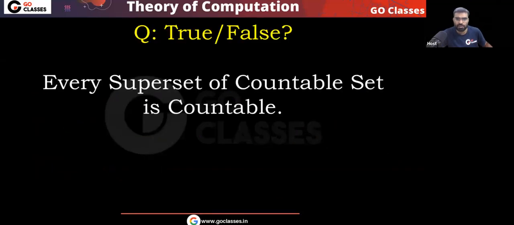Tell me the answer for this question. Every superset of a countable set is countable. Is this statement true or false? This statement is false. Can you give me a counterexample? See, you can take N. This is a subset of R, right?